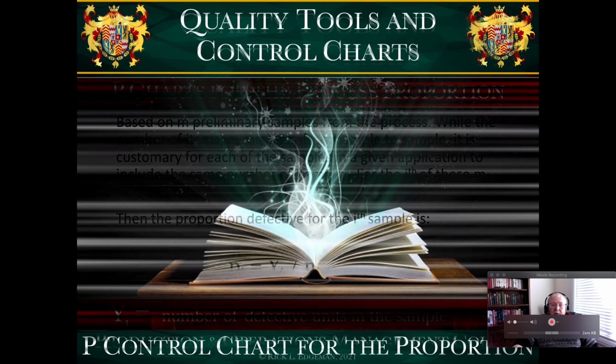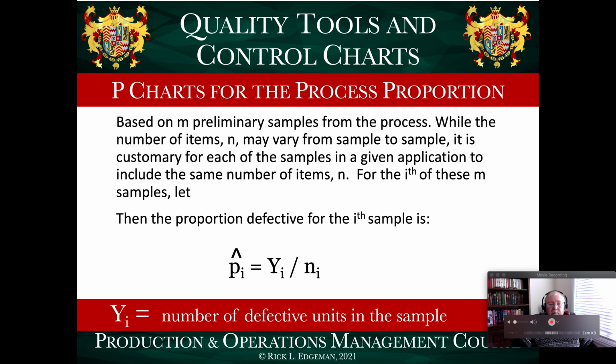Now, here's the reality with this type of chart. I could have a sample of 100 items in one sample and 75 items in the next sample and 60 in the next and 125 in the next. You could do that. There's nothing that prohibits that.